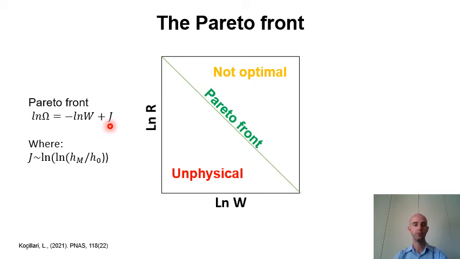J corresponds to some term which is proportional very weakly to the ratio between Hm and H0. The green line of the Pareto front corresponds to those solutions which are optimal because there are no other solutions by definition that outperform them simultaneously for both the objective functions omega and w.